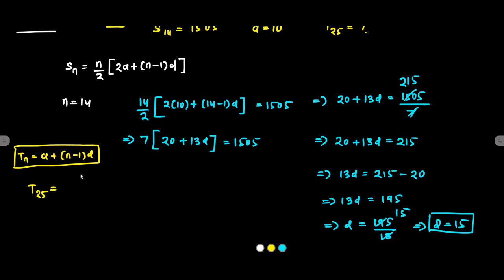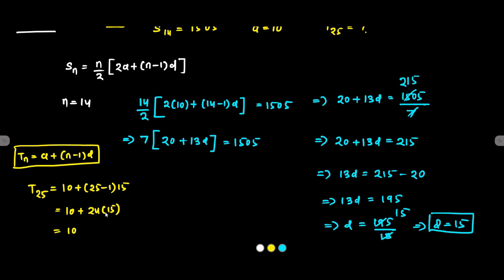So that is equal to 10 plus (25 minus 1) into 15, is equal to 10 plus 24 into 15, is equal to 10 plus 15 into 24, which is 360.